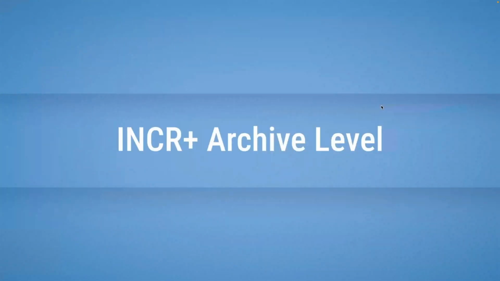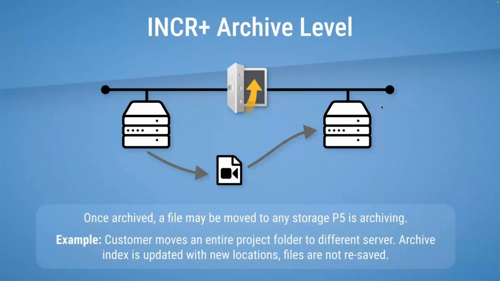So the next point that we want to talk to you about today is incremental plus archive level. I've got a little graphic here just to illustrate. What this means is that a file that you've archived from one piece of storage, you can move to another piece of storage, and the P5 archive server will track that this is the same file.